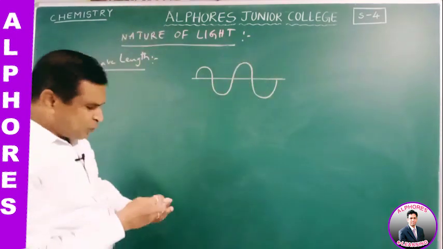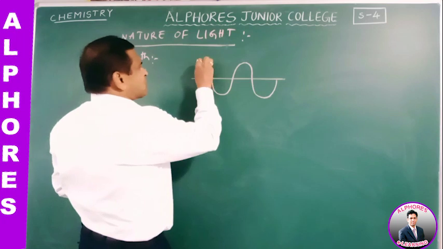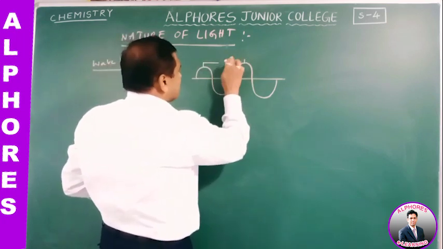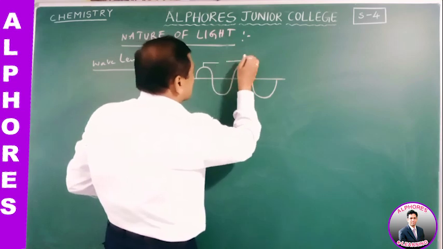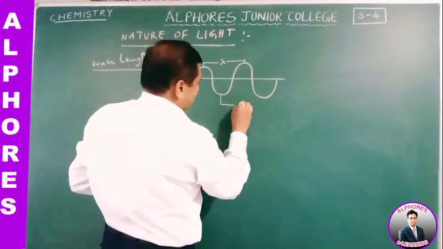Wavelength: the distance between successive crests or troughs. Successive means adjacent crests, or troughs.